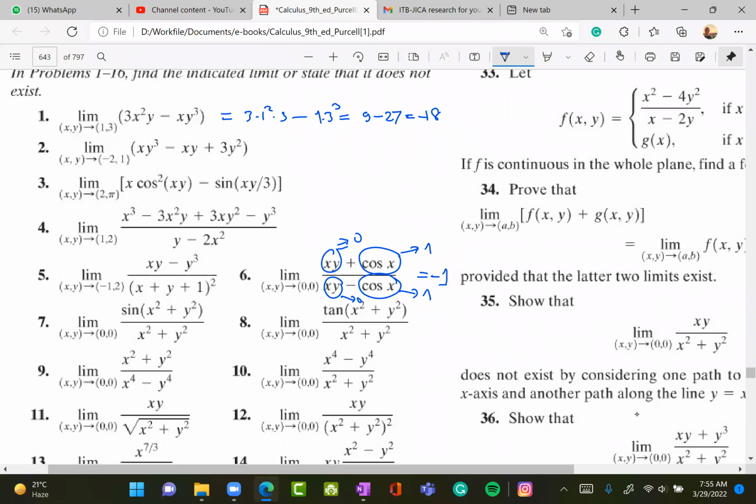Now this is rather different. Here, number 7. Sine of x squared plus y squared over x squared plus y squared. Let's do this one.